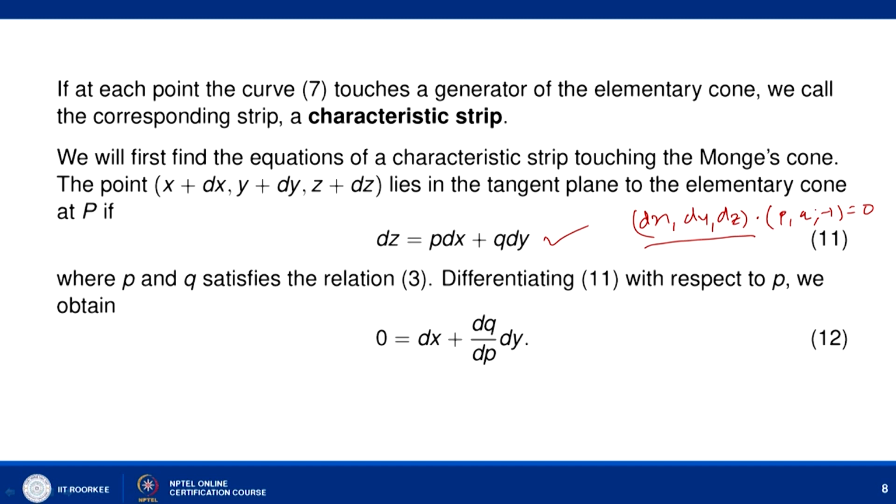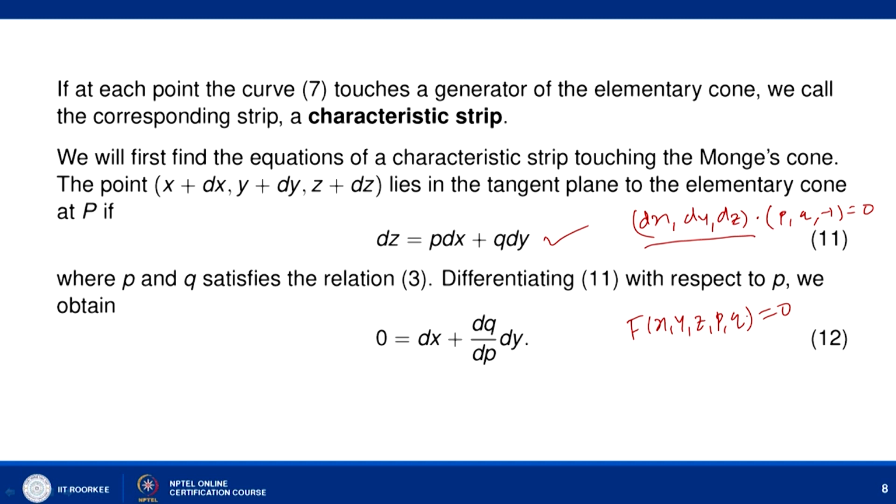Now here p, q, minus 1 satisfy equation 3, that is f of x, y, z, p, q equal to 0. So it means that on the elementary cone, the normal vector satisfies the partial differential equation which we started with.